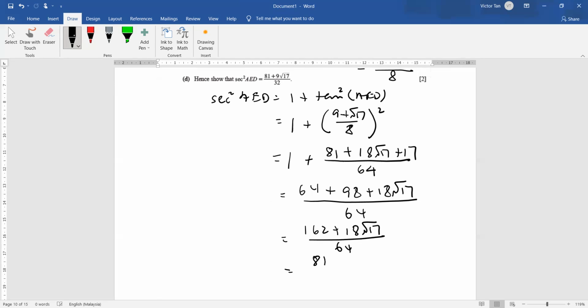And there you have it, 81 plus 9 root 17 over 32. That's it.